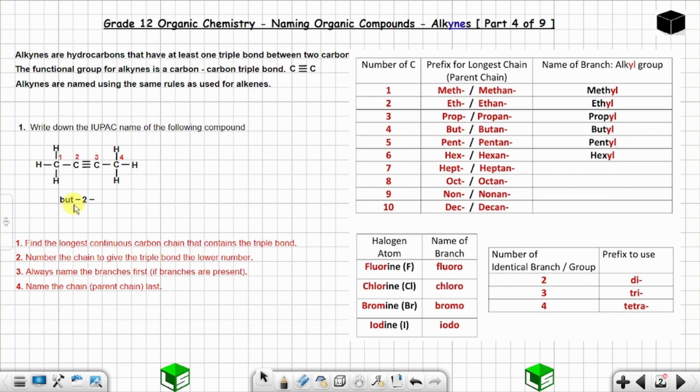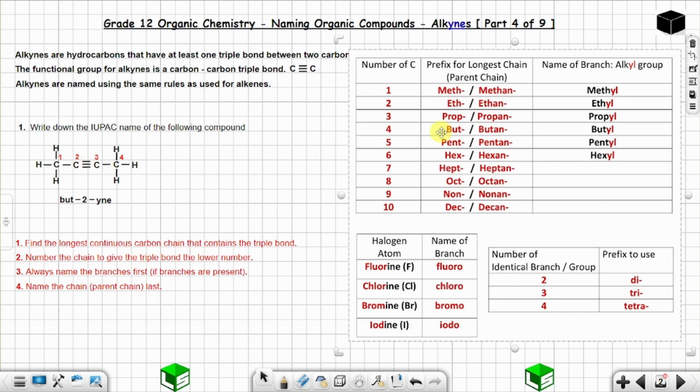Always put a hyphen between a letter and a number. You follow it with the suffix yne. You know that this is an alkyne because you have the suffix yne. So you are done naming this organic compound.